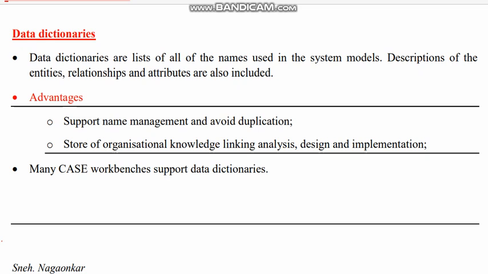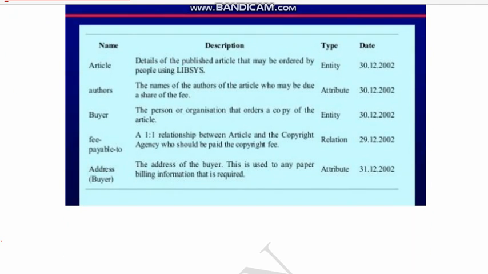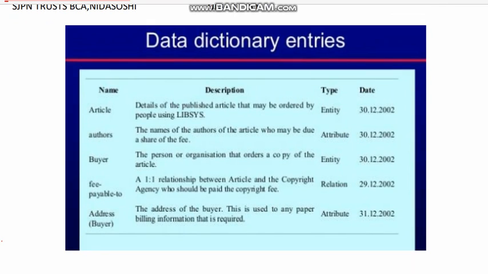So what are the advantages of this? It will help us to identify the entities, attributes and relationships. So this is the diagram of the data dictionary. In the data dictionary you can see there is an article, which is an entity, authors, which are attributes, buyer is an entity, fee payable to is a relationship, and address is nothing but an attribute.